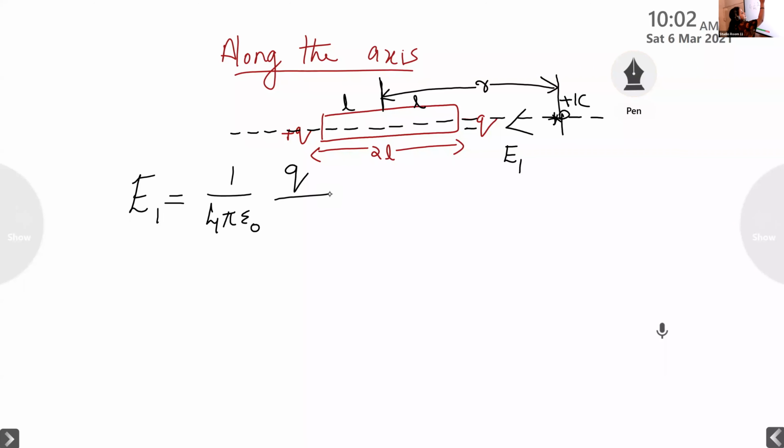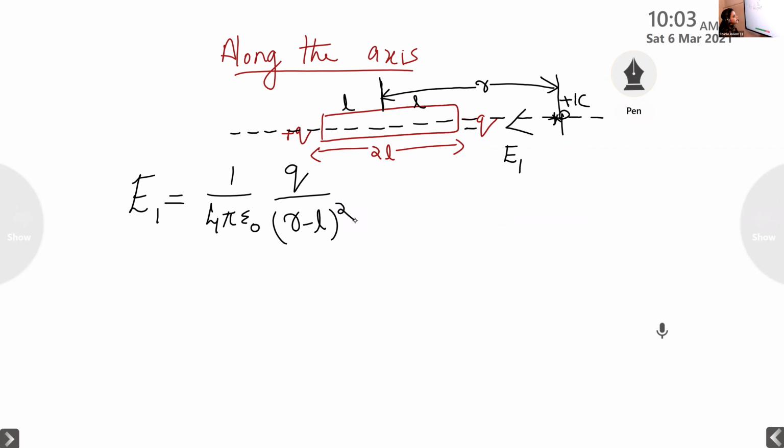The distance from the center of the electric dipole to the plus 1 coulomb charge is R. Similarly, the distance from the center of the electric dipole to the charge minus Q is L. So L is subtracted from the total distance. So what is the distance of separation between the charge plus 1 coulomb and that of the minus Q? It is R minus L the whole square.